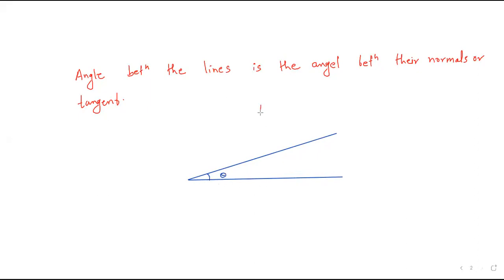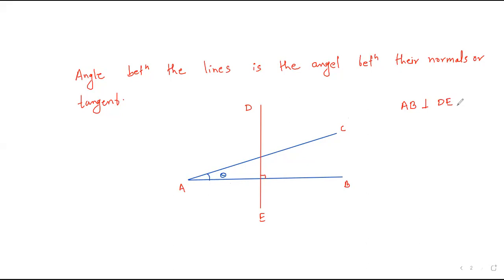Suppose I draw one line like this. Now you can see that this angle is 90 degrees. If I name the points A, B, C, D and E, you can see that line AB is perpendicular to line D, and vice versa.